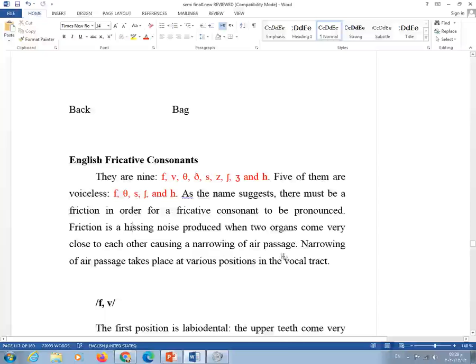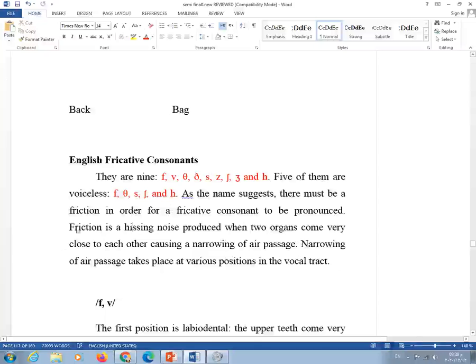Air goes out through a narrow passage. عملية narrowing دي أهم حاجة، لأن narrowing of air passage takes place at various positions in the vocal tract. يبقى أنا عندي هنا fricative consonants نتيجة they are produced due to friction.